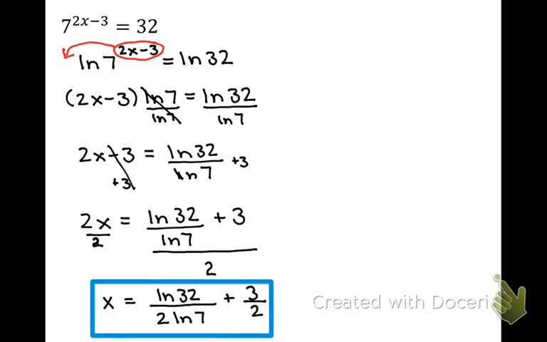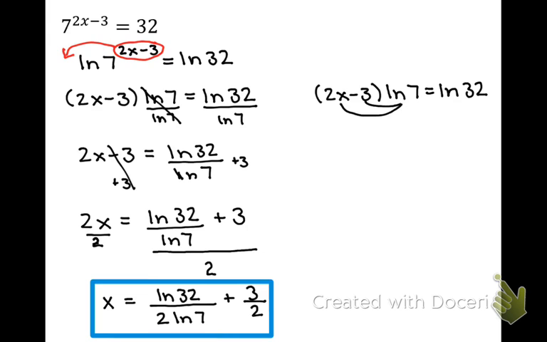Now, looking back here at this step where I had (2x - 3) times ln of 7 equals the ln of 32, the other option would be that I can actually distribute that ln of 7.